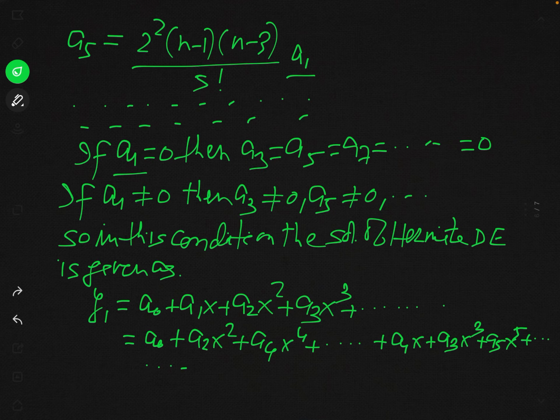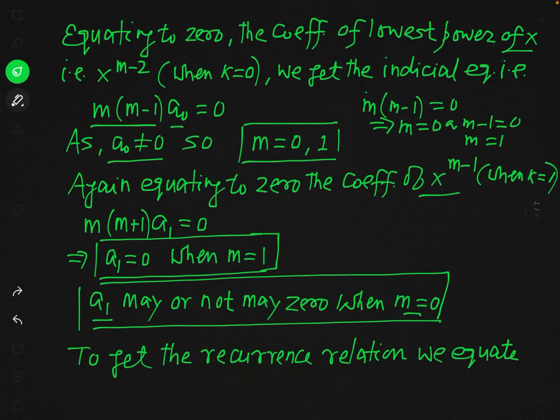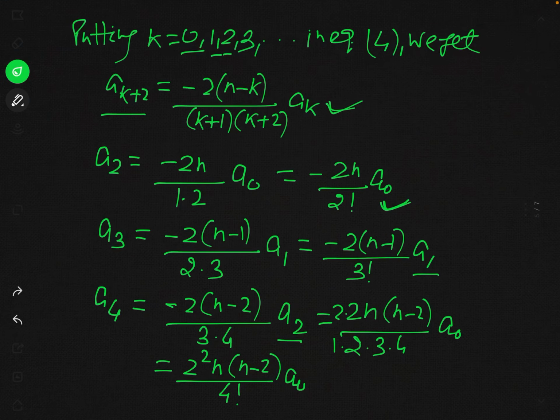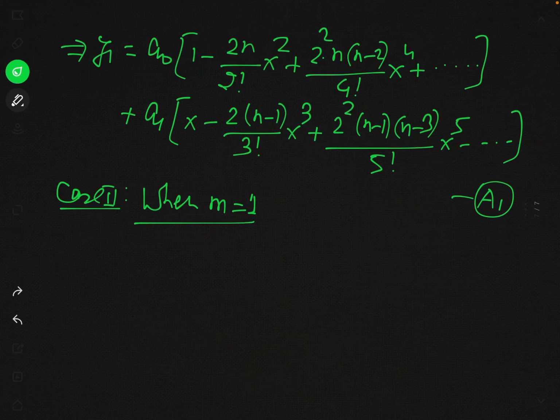We have already seen it. You can see here we have obtained this result, that a1 is 0 when m is equal to 1. In fact, when m is equal to 1, a1 is 0, then definitely a3, a5, a7 all will be 0.